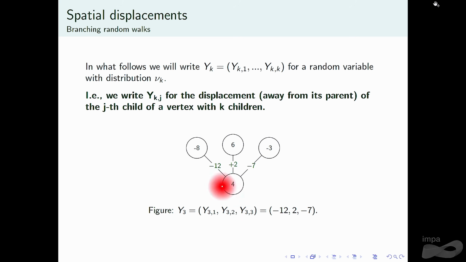In this image, for instance, the parent has position 4, and it has 3 children. Maybe the displacements away from this vertex were -12, 2, and -7, so its children are now at positions -8, 6, and -3. Is that okay?